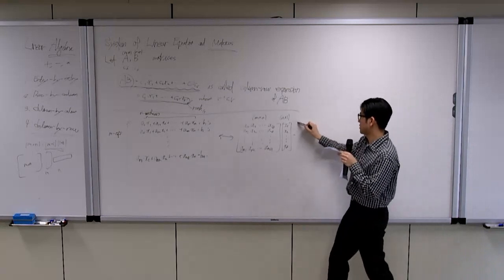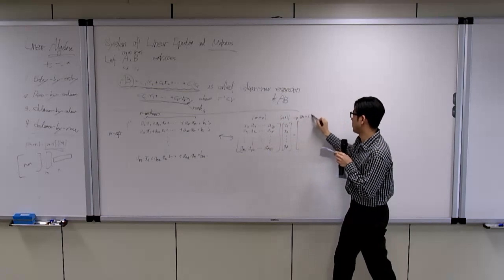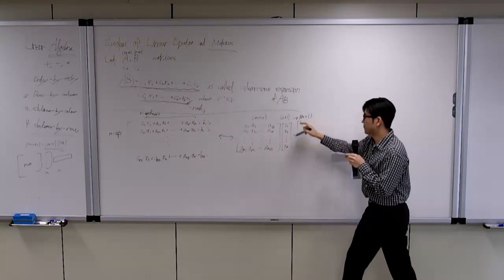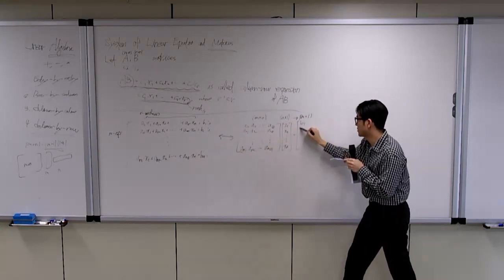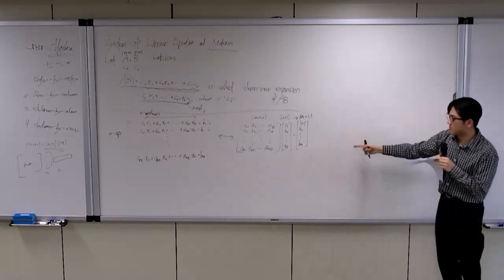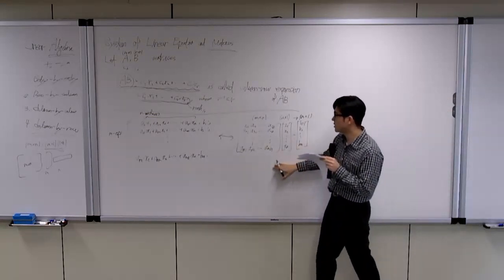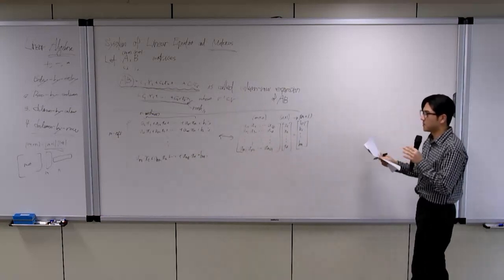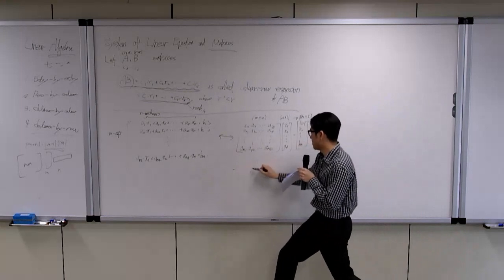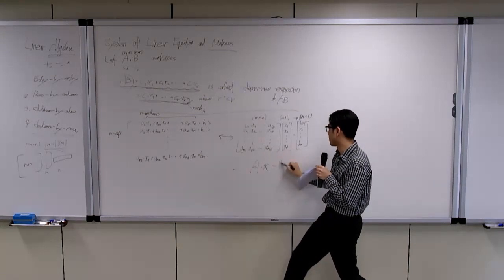Then the result will be an m by 1 column vector, and from the linear system we get the column vector from b1 to bm. It is written using matrix A times X equals vector B.